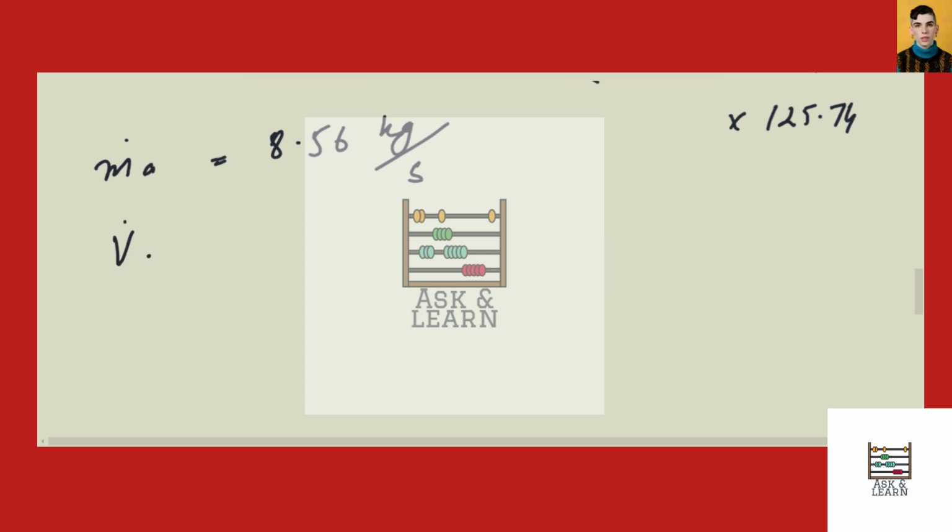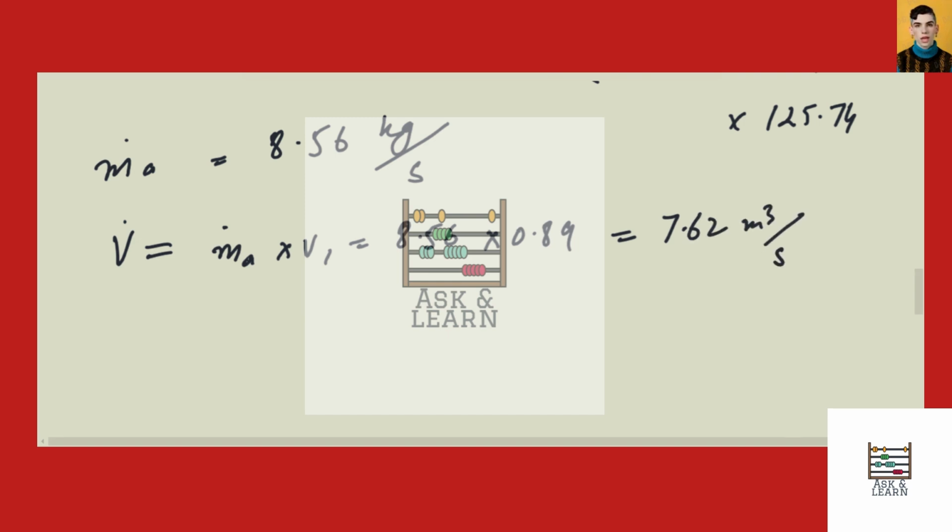So moving further with the mass flow rate, we can now calculate the volume flow rate. That is V = Ma × V1 = 8.56 × 0.89 = 7.62 cubic meters per second.